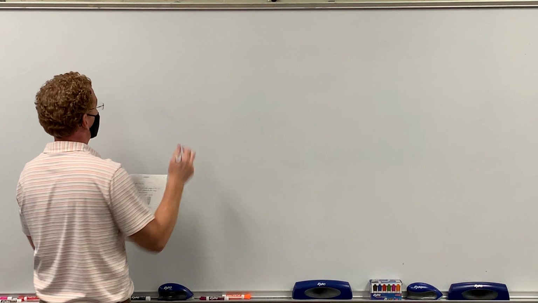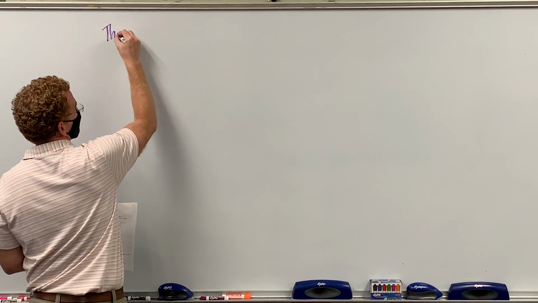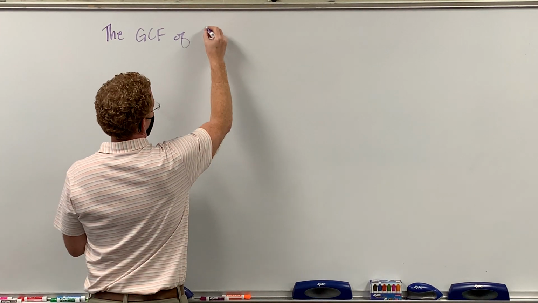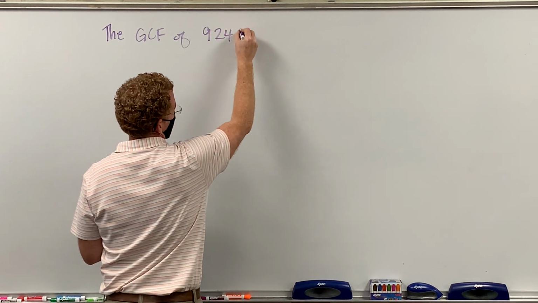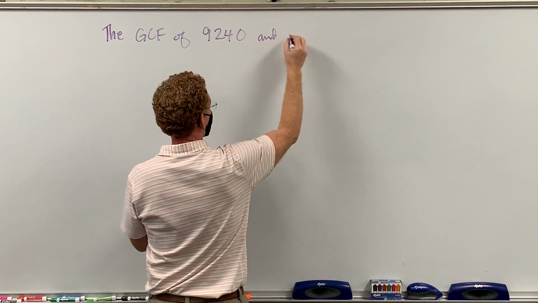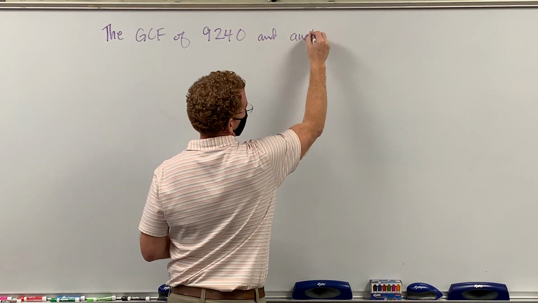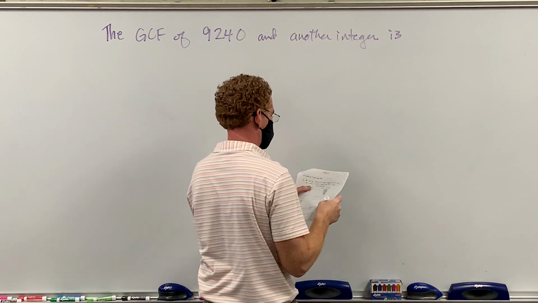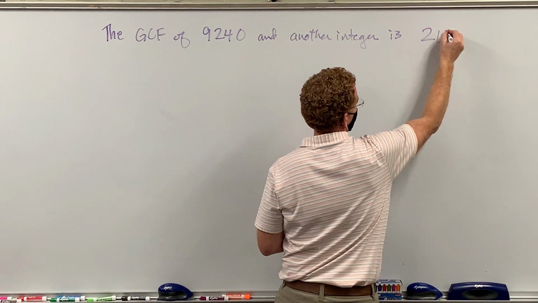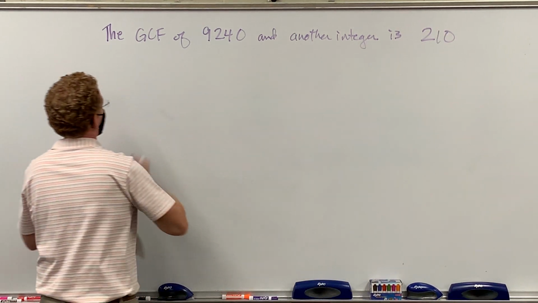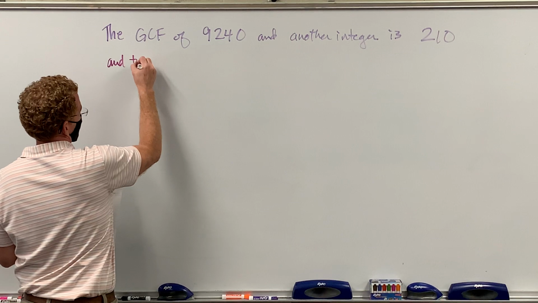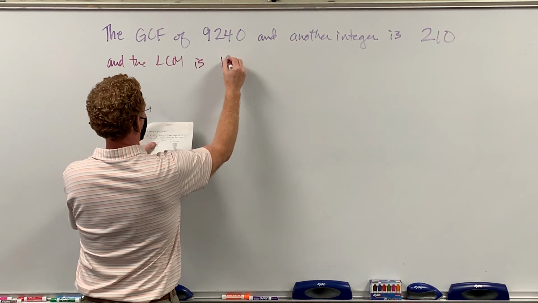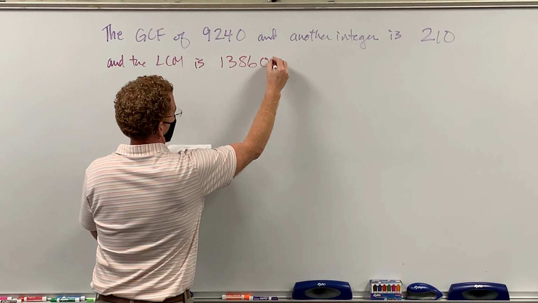So what if I told you the greatest common factor of 9,240 and another integer is 210 and the least common multiple is 138,600.